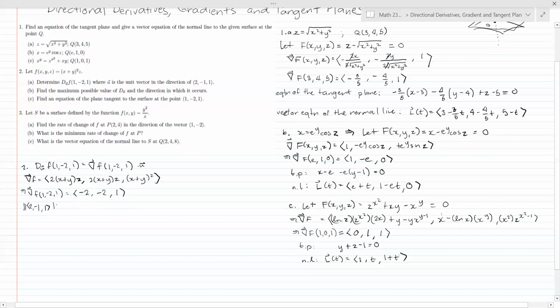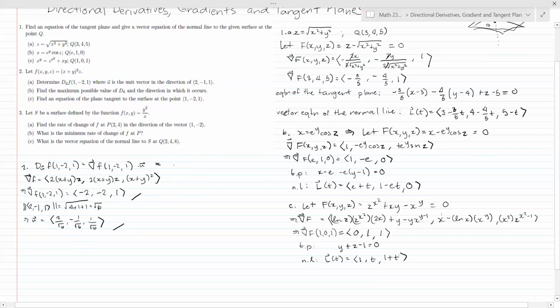So this is equal to square root of 4 plus 1 plus 1 is square root of 6. So u is equal to 2 over square root of 6, negative 1 over square root of 6, 1 over square root of 6. So ito na yung nakuha natin na value.